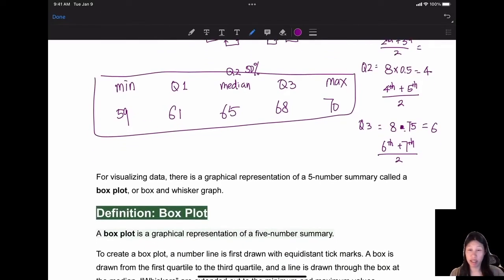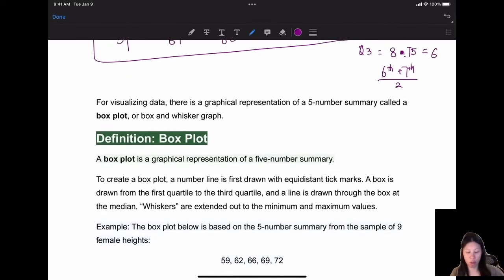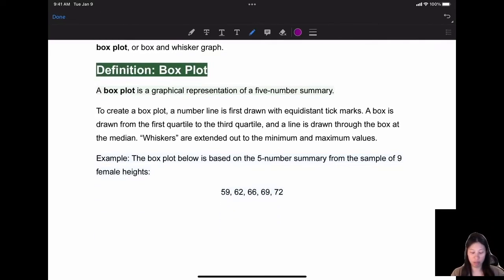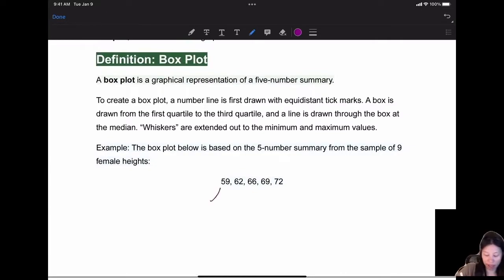Okay, to visualize the data, there is a graphical representation of a 5-number summary called a box plot. So how do we do that? Let's choose the easiest one. We know this is just 5 numbers, so it would be easier to figure out.